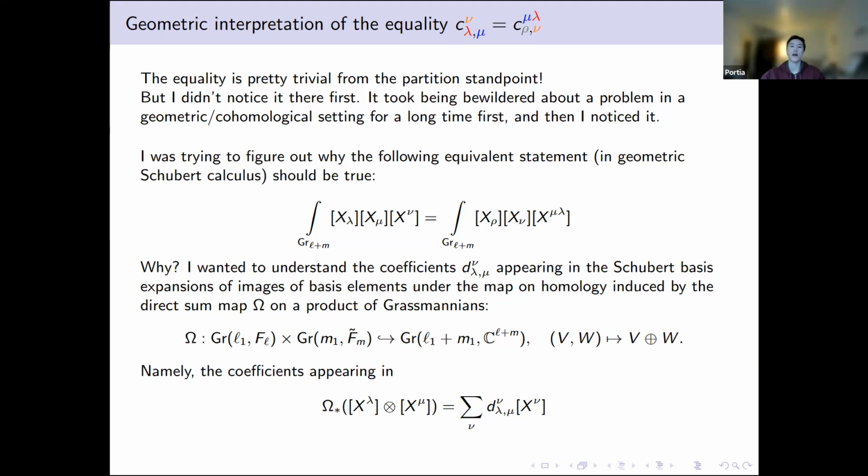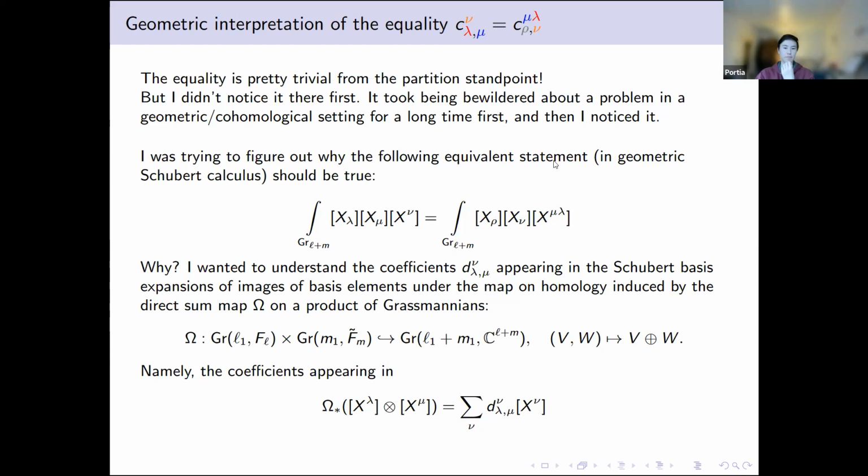So originally, this equality right here of Littlewood-Richardson numbers, the translation of that into intersection theoretic Schubert calculus formulation is this: you can write it as this equality of integrals, which are counting intersection points of these triple intersections of these Schubert varieties.